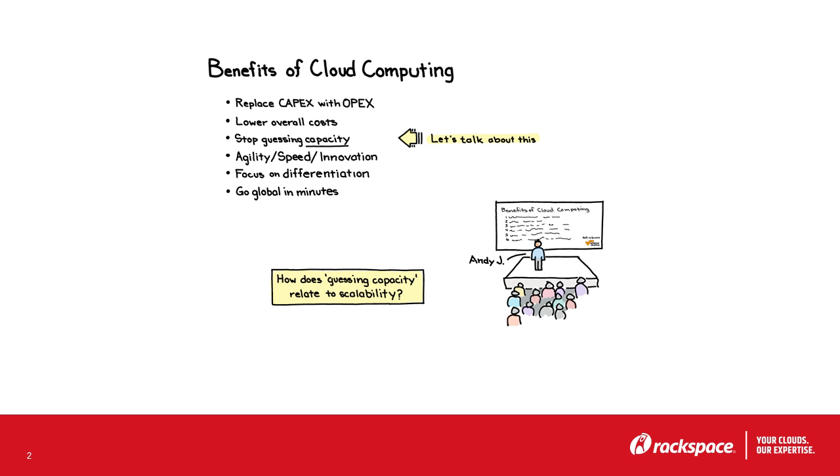Once you've got your application running in the Oregon region, you can literally be up and running globally in a matter of minutes, moving it to a region in Ireland or in Australia, wherever you'd like to be. It's that quick. So what we're going to talk about today is this third bullet item, stop guessing capacity, and how that relates to scalability. So I'm going to jump right into it and get started.